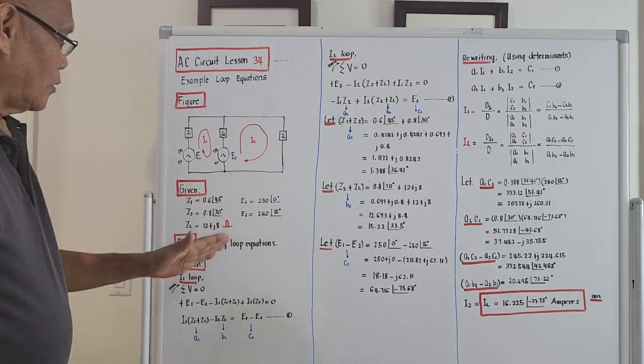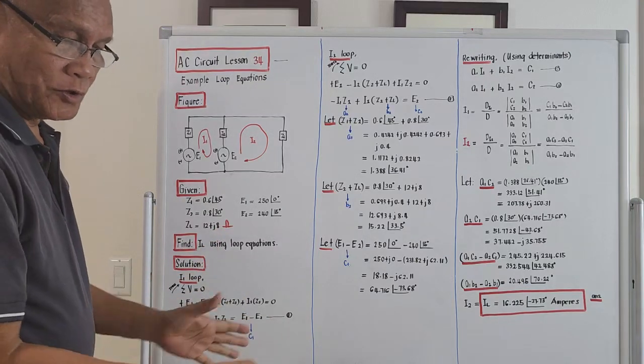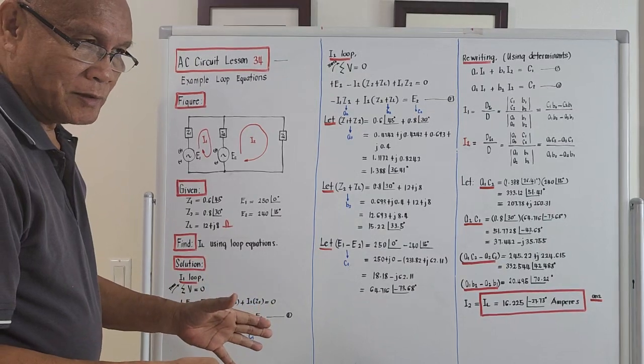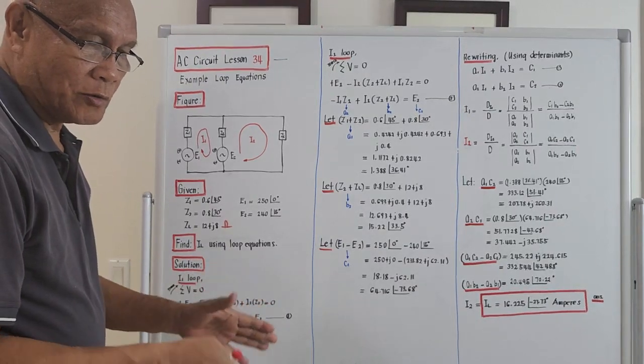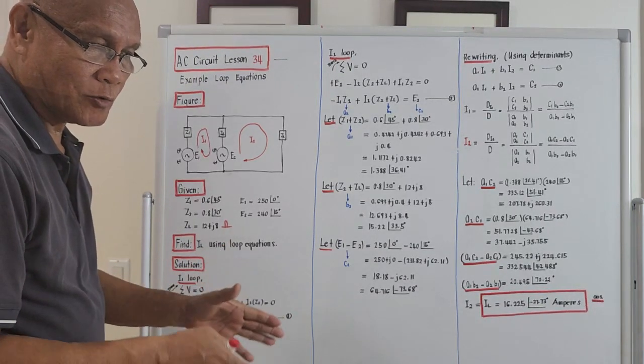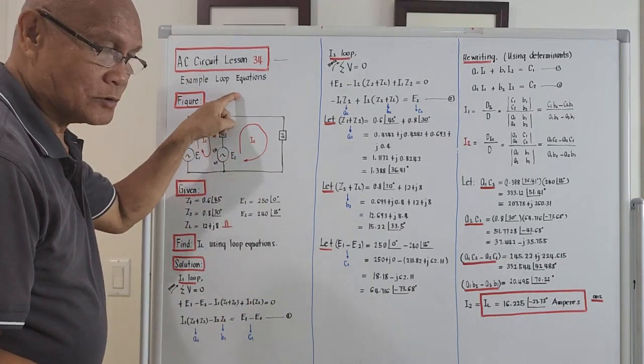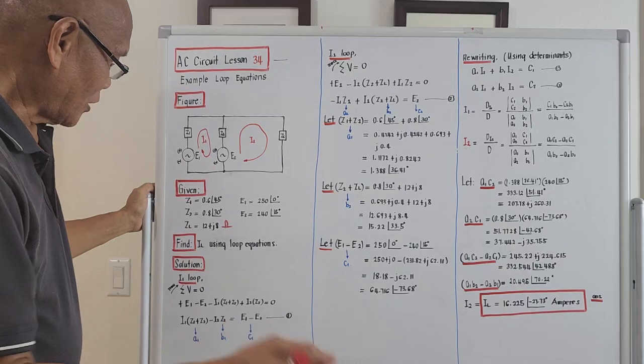We are done with the computation of Z sub L by using the series-parallel combination. For tonight, the emphasis is on the concept of how to compute a current in any given circuit by using loop equations. Z1, Z2, and ZL, these are the values.